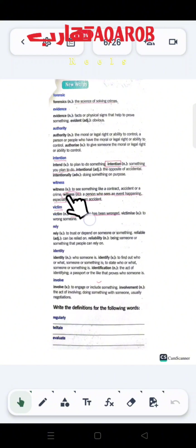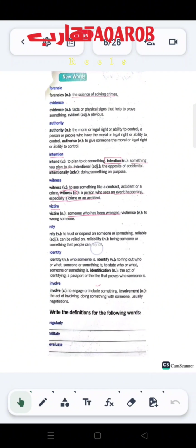And the word victim, what's the meaning of victim? Victim is a noun, it means someone who has been wronged. Victimize is the verb of the word victim, which means to wrong someone. So the noun means someone who has been wronged, and victimize means to wrong someone.